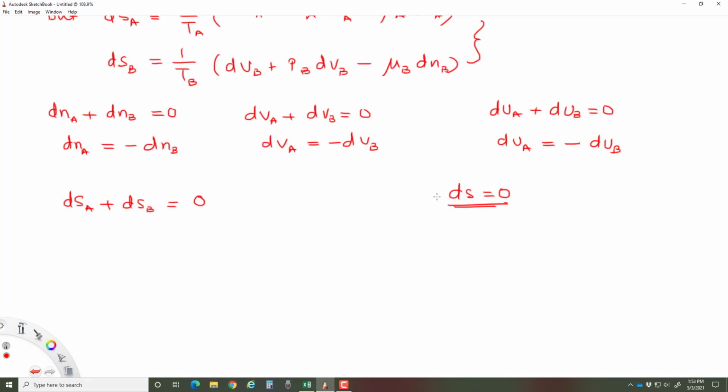So then we can write this as 1 over TA dUA, minus PB over TA dVB... we are looking at the first one.